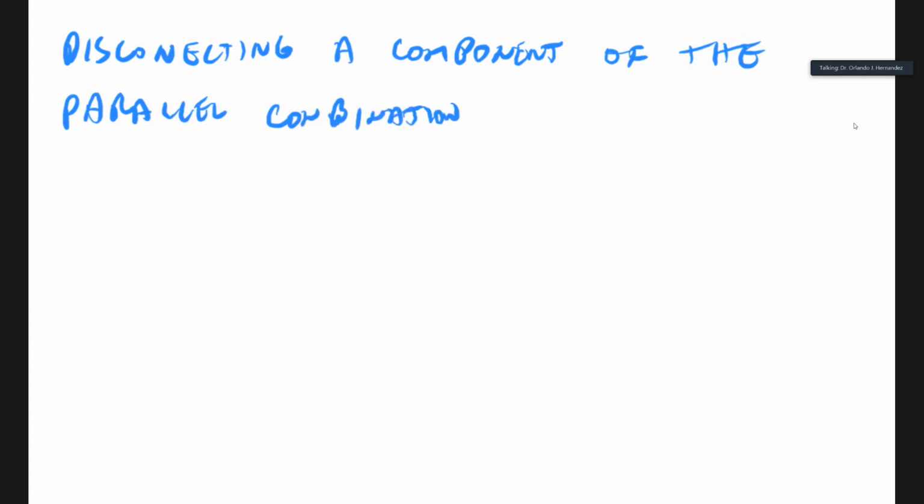and this is an important observation, disconnecting a component of the parallel combination does not change the natural response. Okay, remember from circuits that this type of filters has a driven and a natural response.